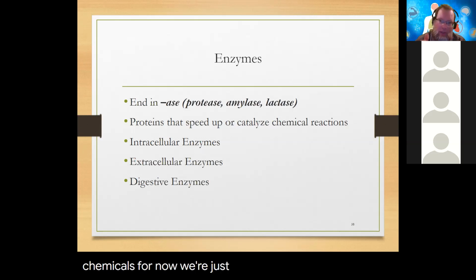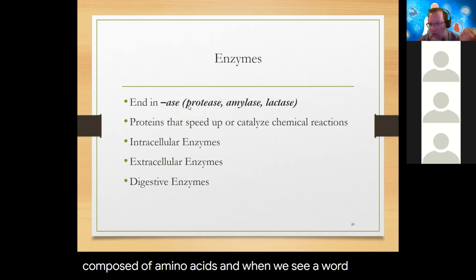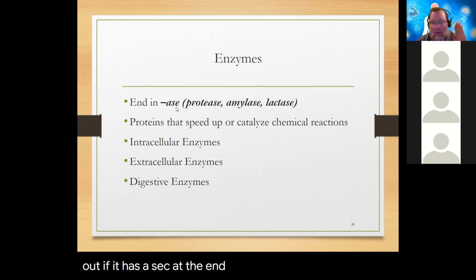For now, we're just going to talk about enzymes. Enzymes are protein-based, meaning that they're primarily composed of amino acids. And when we see a word written out, if it has ASE at the end, it's going to be an enzyme. I could give you a 25-letter word, and the last three letters are ASE.